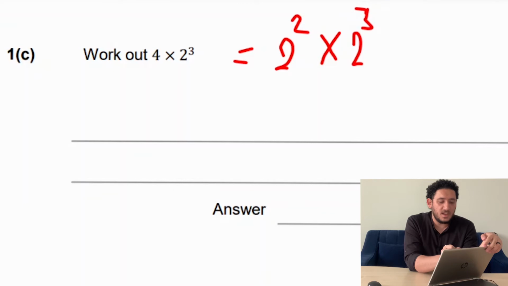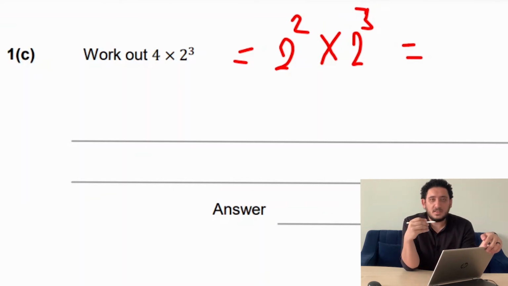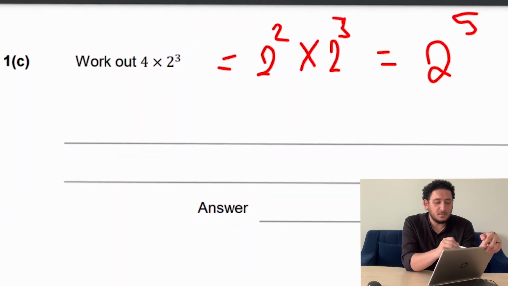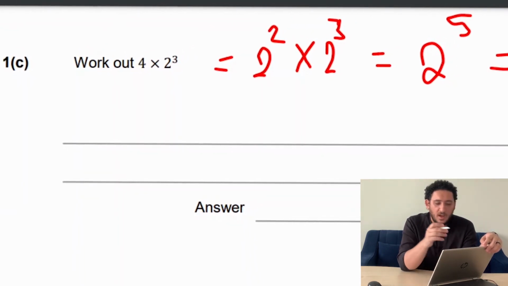You will notice that I have changed the bases to be like each other for the multiplication rule. Here the base is 2, the same, and the powers will be added. It means 2 power 5. If you want to write it as a whole number without the power form, it means 2 multiplied by itself 5 times, which is 32.